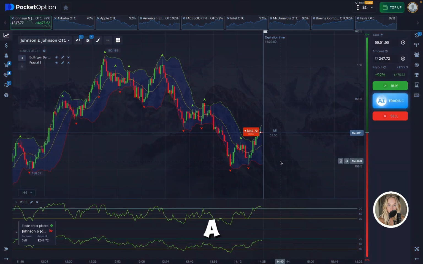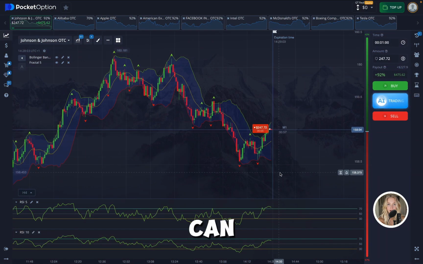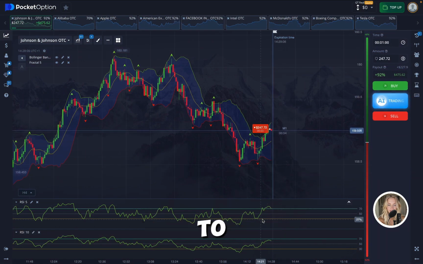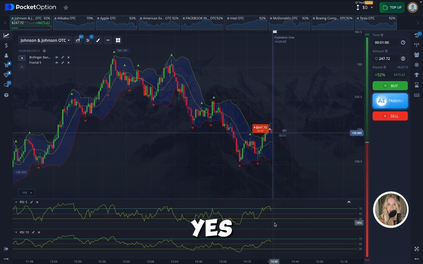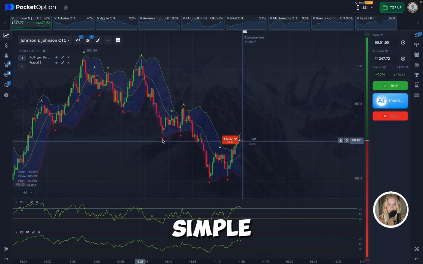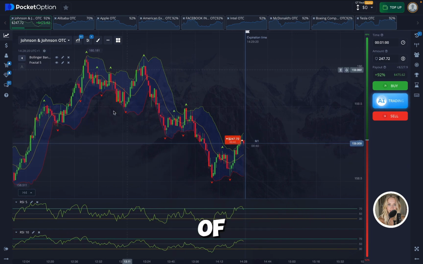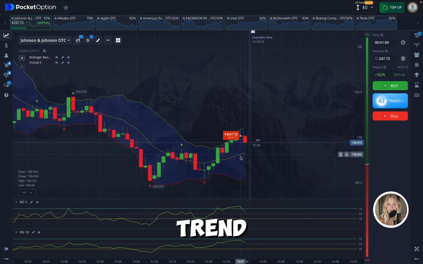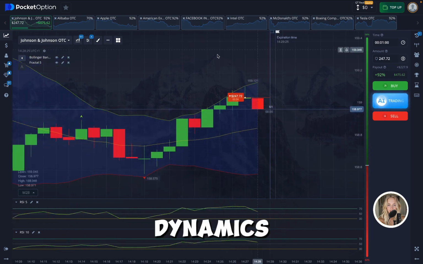Here we also open a position on the downside, and here we do not have to wait for both oscillators to cross the overbought area. In our case, one is enough, the oscillator with period 5. Here, everything is very simple. The opening occurs in the direction of the general trend. We have a downtrend, and we have shown a pullback in the dynamics.